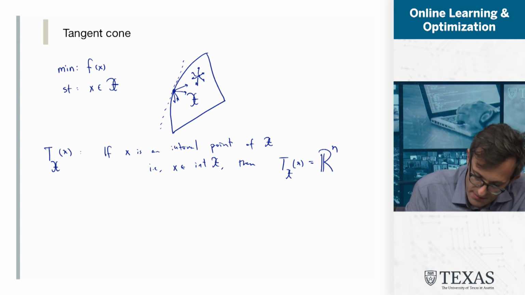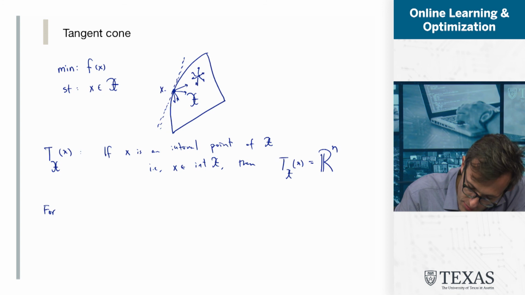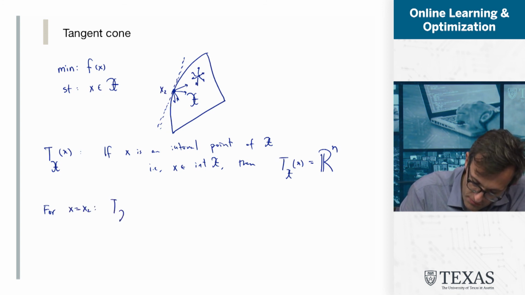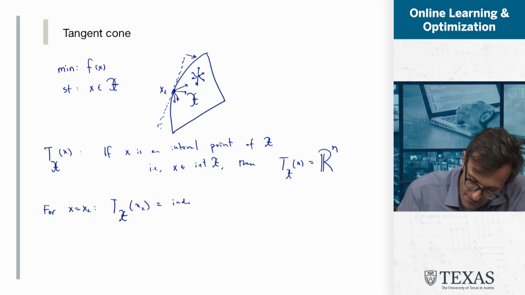So let me label these. For x equal to x2, the tangent cone is just the indicated half space.